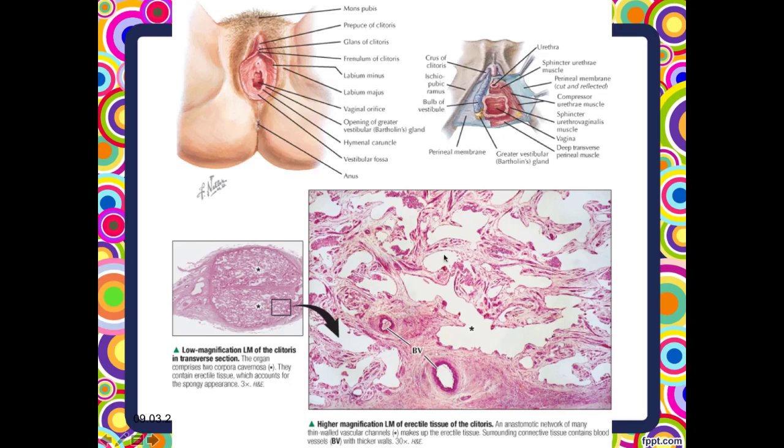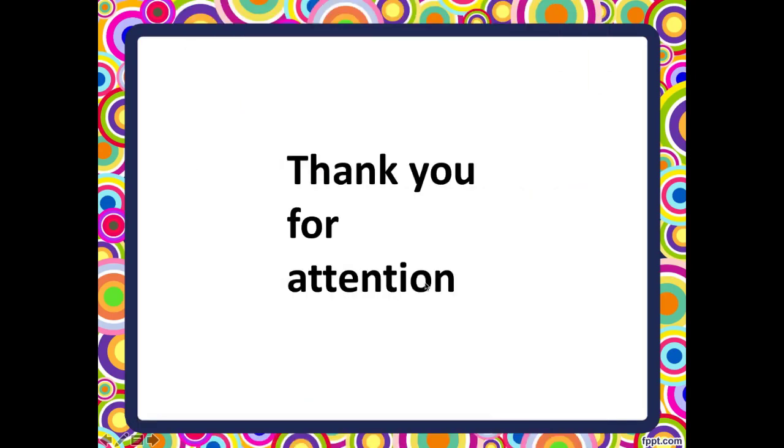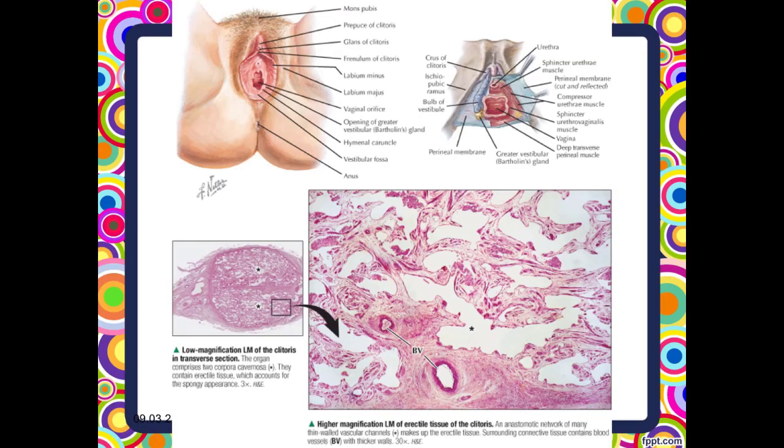These are like a network of vascular channels, and it's highly vascularized connective tissue which surrounds them. Okay, that's all. But let's talk a little about the labia majora and labia minora.